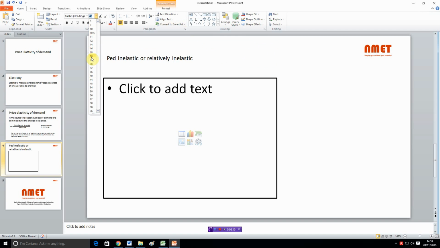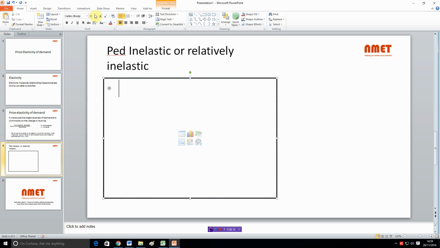And what that means is that the percentage change in quantity demanded is either none or less as compared to the percentage change in price. I'll give you an example.